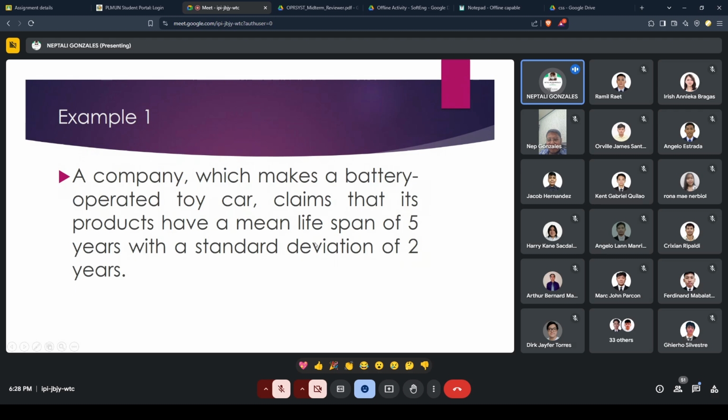Given a standard deviation, nagbabago-bago daw, pwedeng plus 2, pwede siyang minus 2. Pwedeng masira agad yung battery plus 2 years, minus 2 years, or tumagal pa yung battery plus 2 years. Ayun ang ibig sabihin ng standard deviation. With a standard deviation of 2 years. So this is your population standard deviation.